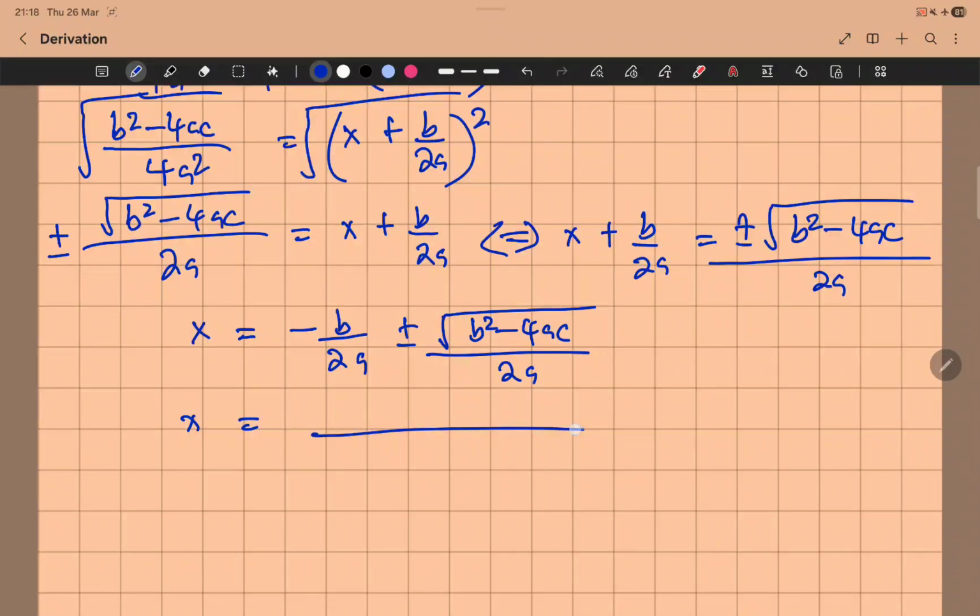Putting this under a common denominator, x equals negative b plus or minus the square root of b squared minus 4ac, all over 2a. So at this point we have derived this formula.